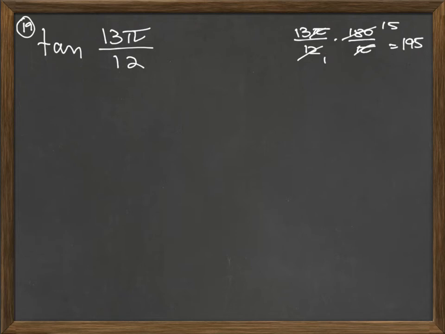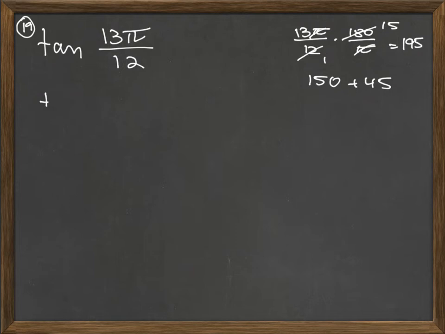195. What angles do we have that we can use? 150 degrees plus 45 degrees. 150 is one of our common angles, right? Our exact angles, 150 and 45 degrees. So this becomes 150 plus 45.